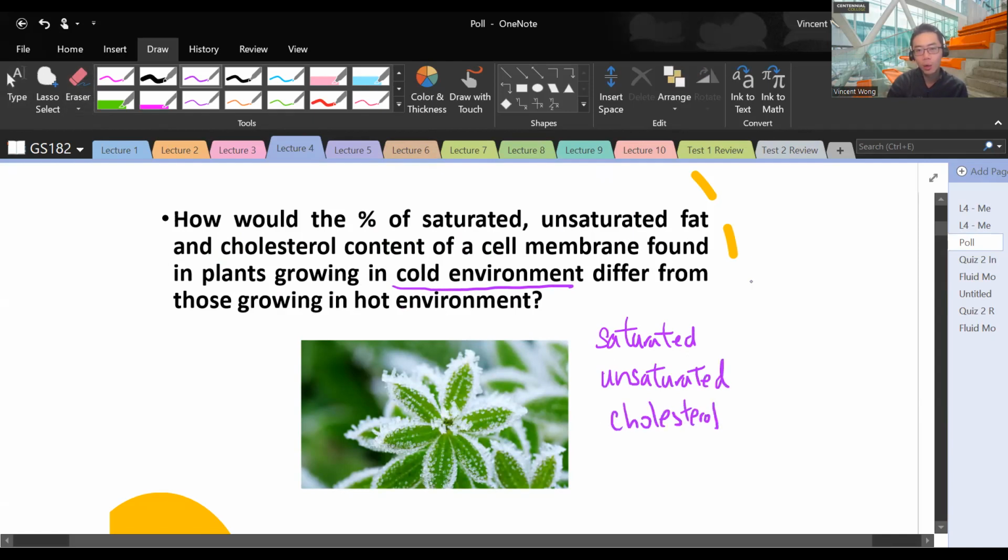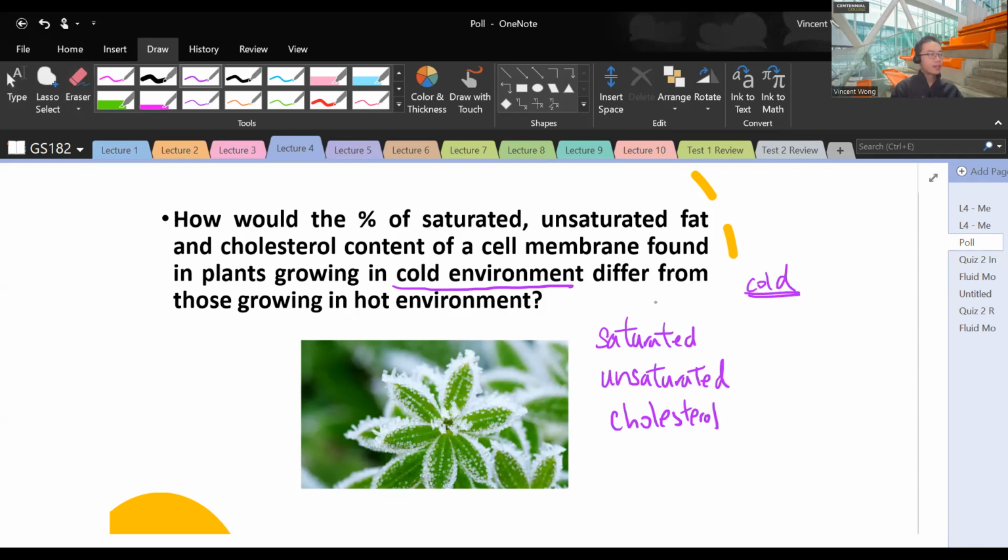So in the cold environment, what do you expect these things to be like? Is it high? Is it low? No difference? Okay, I'm gonna give you just a moment to think about it, and then if anyone wants to share, please go ahead.